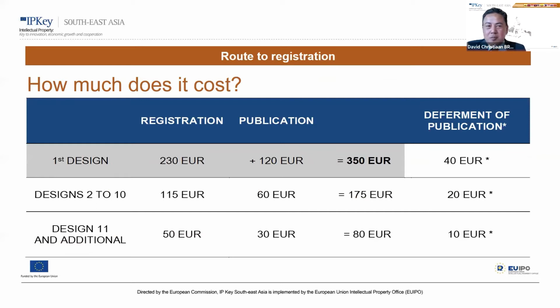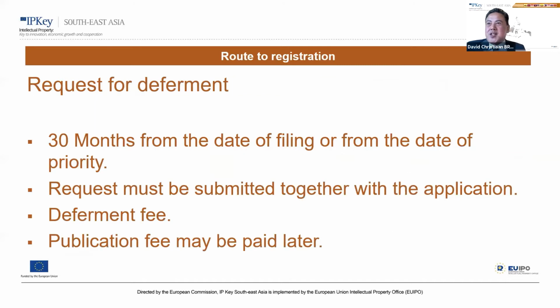You see the last column, it says deferment of publication. You see the fees are 40, 20, and 10. And I will tell you now what it means. The request for deferment means that you can register a design without the images being visible, without the design being visible, but it will give you the filing date for the registration.